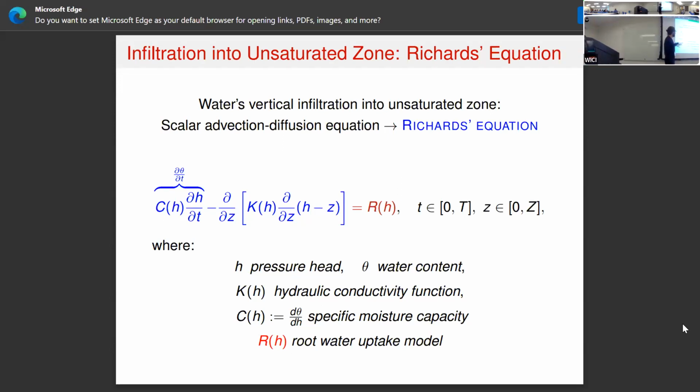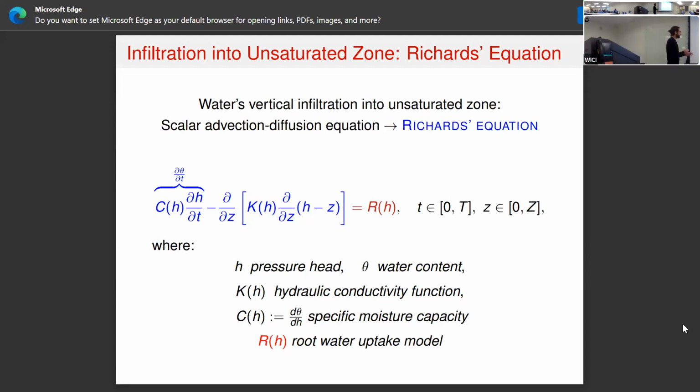Okay, so here we have this function K, the hydraulic conductivity function, and C, which appears here, the coefficient of the time derivative of the pressure head, is the specific moisture capacity. And since we want to address this issue in the context of irrigation, we shall also model the root water uptake, which in this case is the function R, that depends, of course, on the crop or plant that we're dealing with.